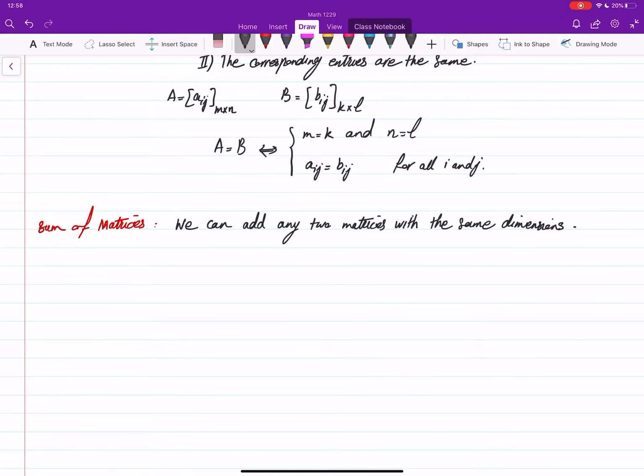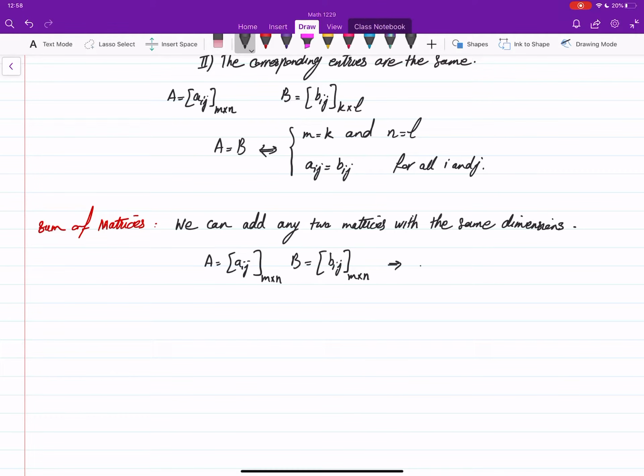Okay, if you have A equals Aij and B equals Bij, both of them first of all need to have the same dimensions, the same number of rows and columns.